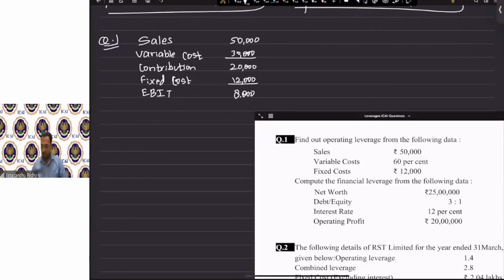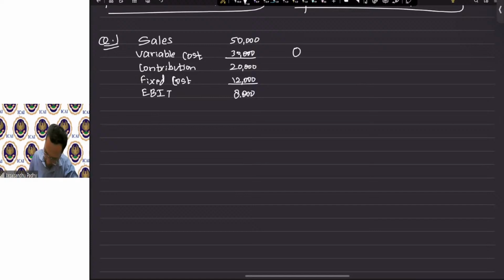So here, if you want to compute the operating leverage, our original formula says operating leverage will be contribution upon EBIT.